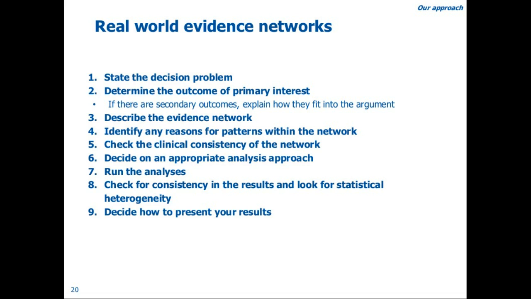It'd be quite complicated, but usually that at least is more clinically plausible. So then we move on to describing the evidence network, and we try and identify any reasons for patterns within the network. So if there's any unusual shapes within the network, so for example a fractured network or anything like that.